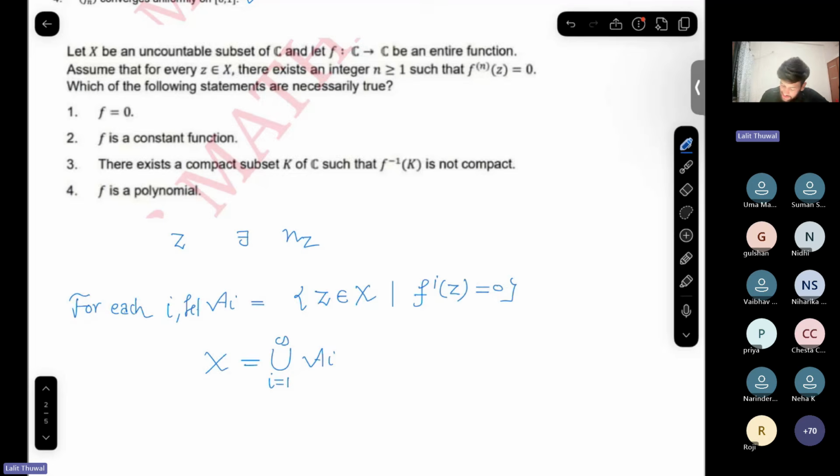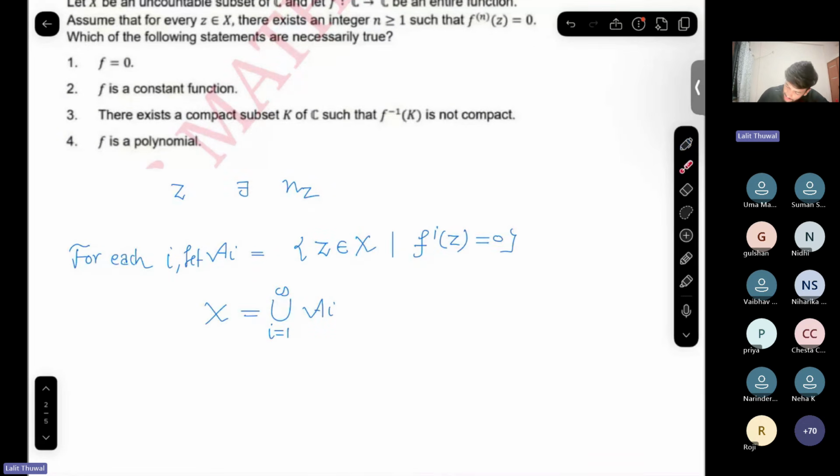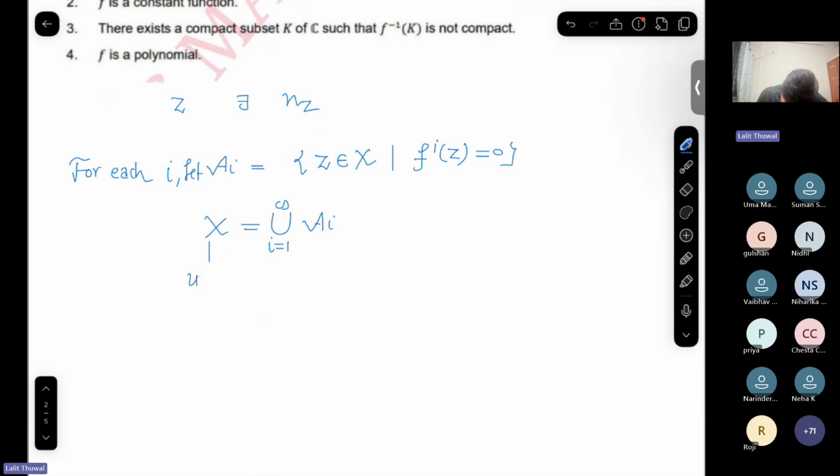So X is the union of these. Now, X is uncountable, so not all these sets can be countable, because a countable union of countable sets is countable. So there exists i in N such that A_i is uncountable.